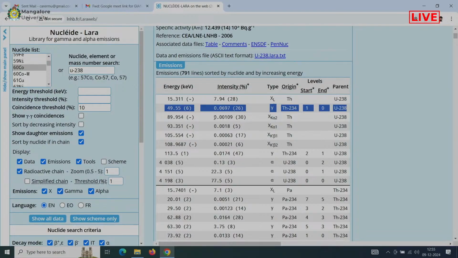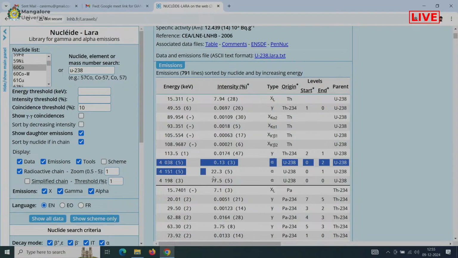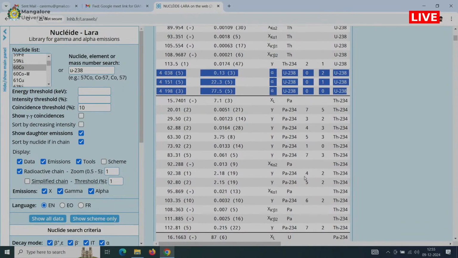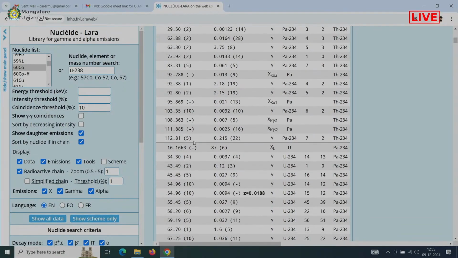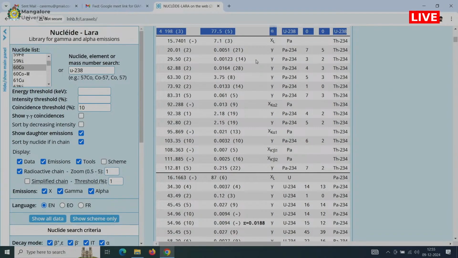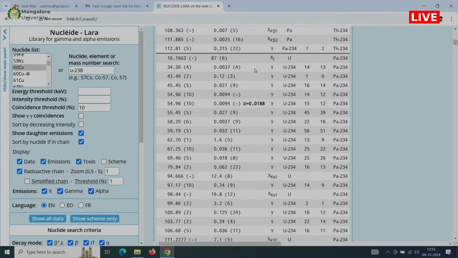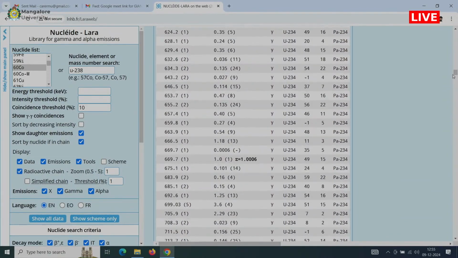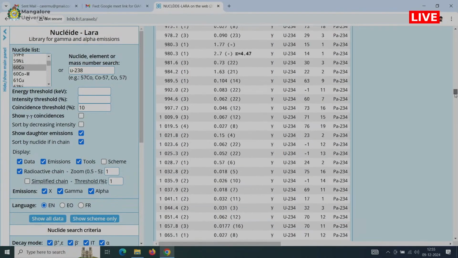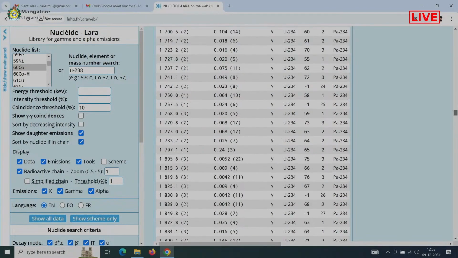And practically these other gammas, you can neglect. These are alphas here, in MeV. And these are the information of the daughter nuclides, thorium and protactinium. Not very much data, it is because of the protactinium. Let's look at, okay, and also other nuclides.